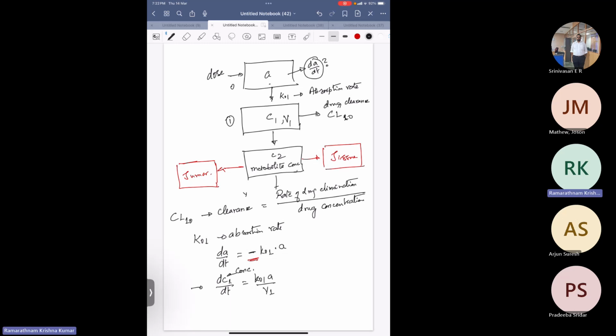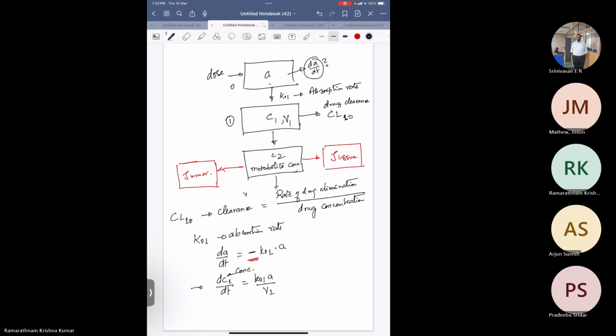Suppose you want to know blood volume, what will you do? Inject some tracer, find out the concentration. So the first term is over. From this, you can find out V1. Clear? Yes, sir. Now, this is the rate at which it is going in.